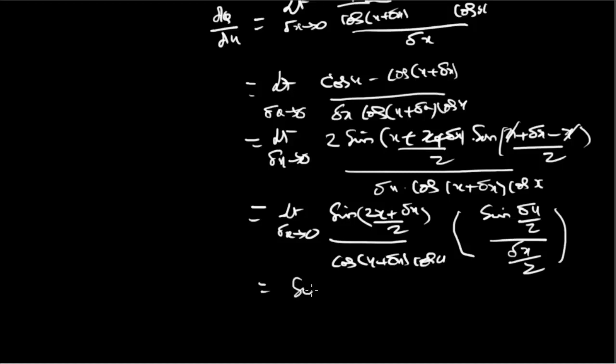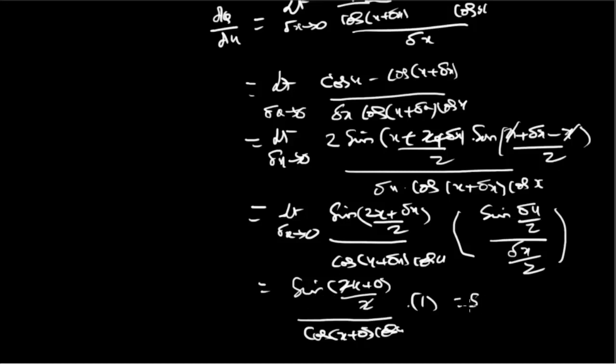So sin of 2x plus 0 by 2, by cos of x plus 0 into cos x, into 1. So you can see this is sin theta by theta, theta tending to 0 is 1. Here this 2 and this 2 cancel. 1 by cos x is what?